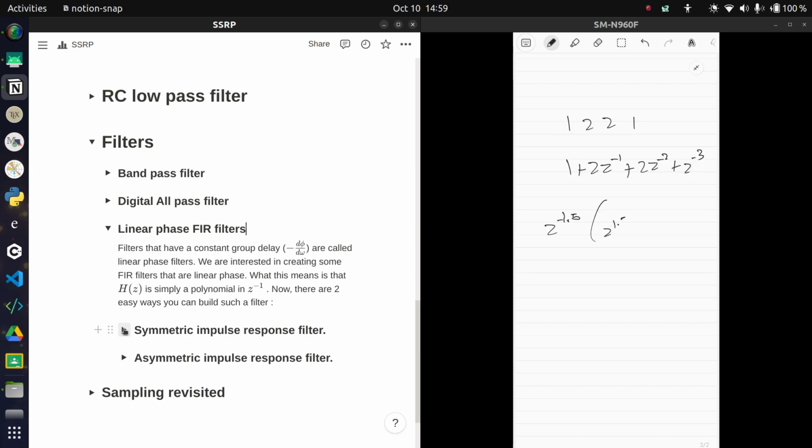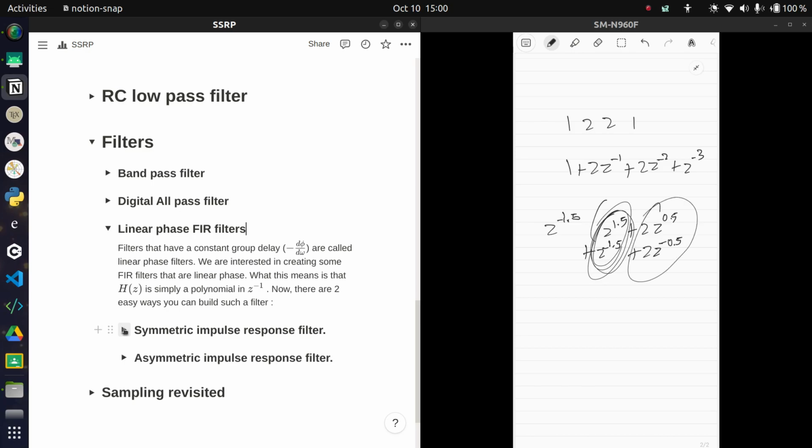Now see what you have over there: z power 1.5 plus 2z power 0.5 plus 2z power negative 0.5, and then once again z power negative 1.5. These pairs are conjugates, of course, if z is of magnitude 1, which it will be for a frequency response. So these two combined will just give us some real number, and similarly for the other two.